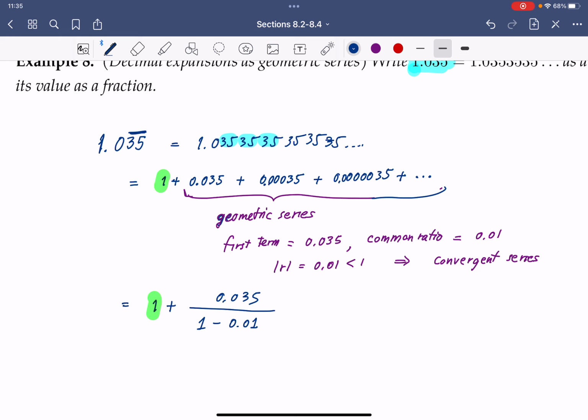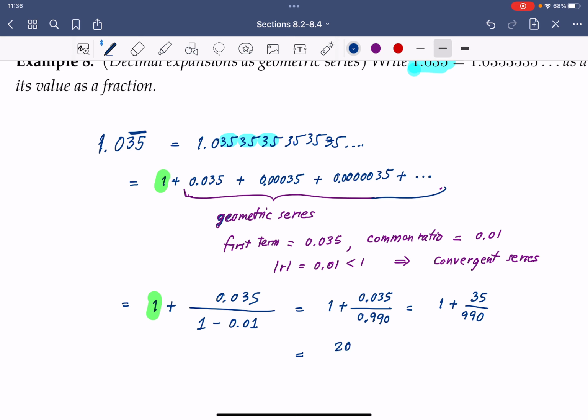Now it's gonna be 1 plus 0.035 over 0.99, which is the same thing as 0.035 over 0.990. That means 1 plus 35 over 990.